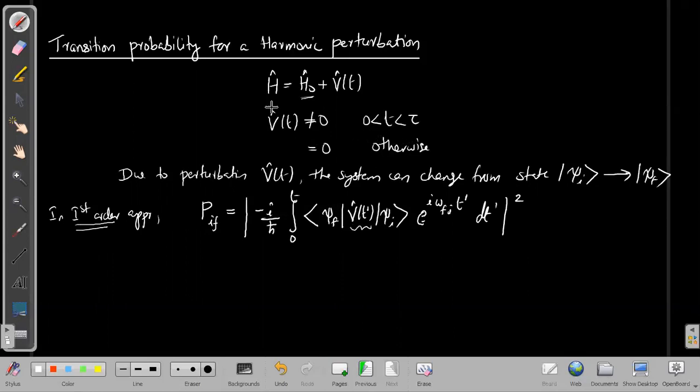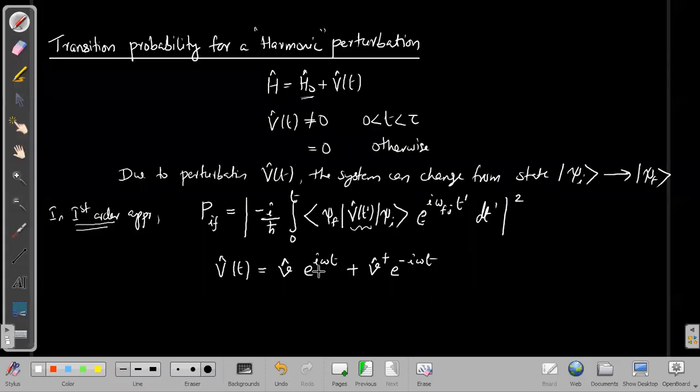Today we are going to discuss the same problem for a harmonic perturbation. Suppose your perturbation is a function of t that varies harmonically with time. Harmonically varying with time means it can be written as some constant times e raised to i omega t plus its conjugate term.